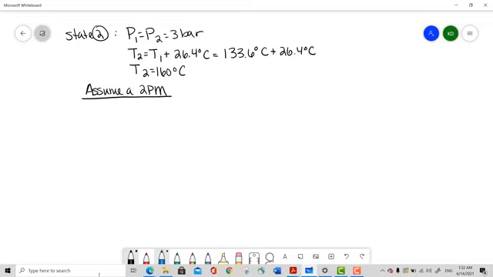So at table A3, we have a pressure of 3 bar, and we have our temperature, which is 160. What we end up finding is that our Tsat is about 133.6, remember?